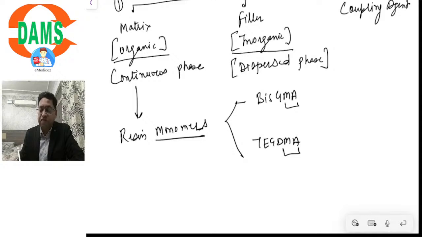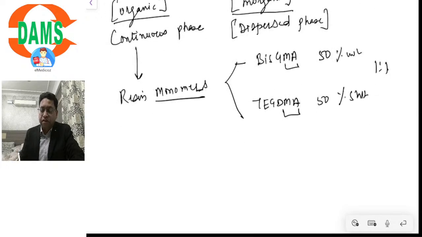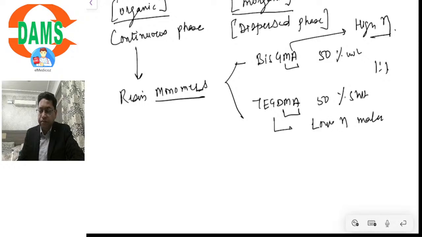These resin monomers are usually present in a concentration of 50% by weight each, that is 1 is to 1. Bis-GMA is a high viscosity material. Eta is the standard symbol for viscosity. Similarly, TEG-DMA is a low viscosity material. When we combine these two resin monomers, we get the organic matrix of the resin composites.